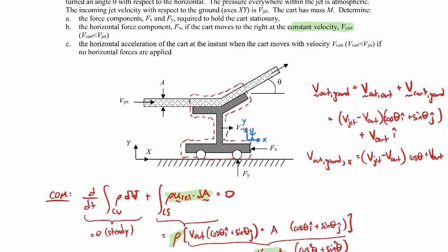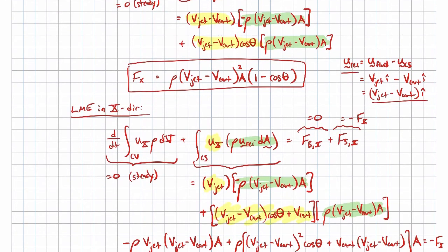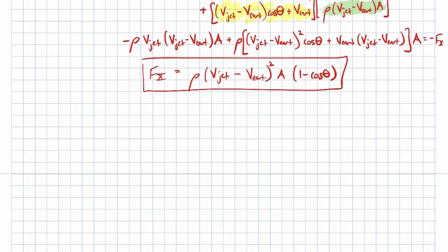But now that my coordinate system is fixed to the cart and the cart can accelerate, this is now a non-inertial coordinate system. So I'll have an acceleration term in my linear momentum equation. So let's write that out, and we'll solve it. This will go fast, I promise you. So the linear momentum equation in the x direction, write it one more time.